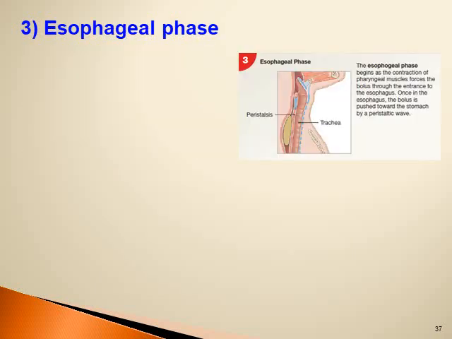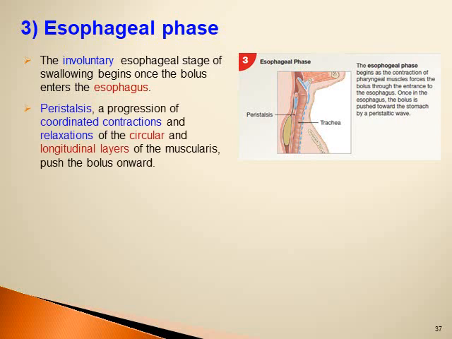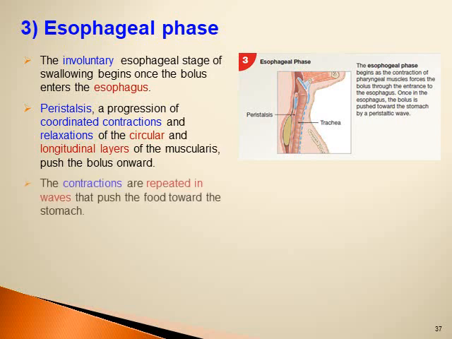The esophageal phase, the involuntary esophageal stage of swallowing, begins once the bolus enters the esophagus. It passes the upper esophageal sphincter. Then peristalsis, which is a progression of coordinated contractions and relaxations of the circular and longitudinal layers of the muscularis externa, will push the bolus onwards and downwards towards the stomach.